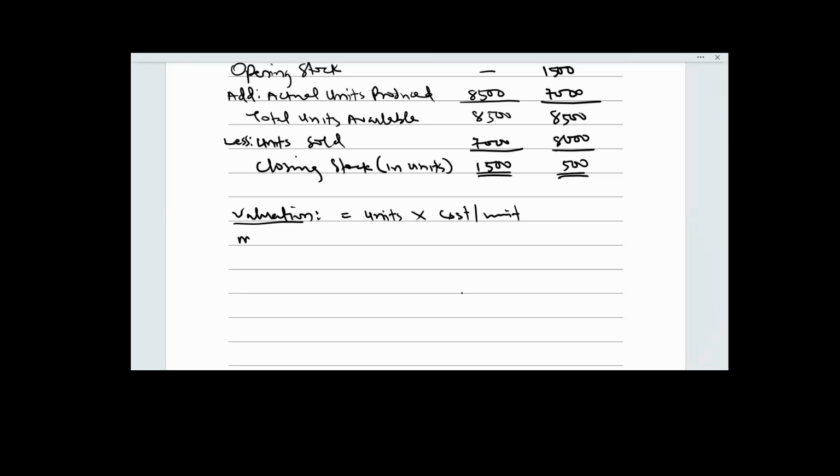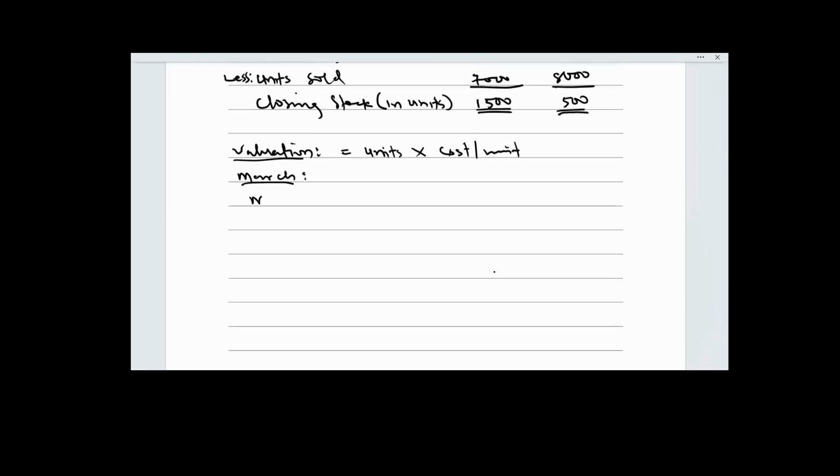So for the period ending March, under marginal costing technique, our closing stock will be 1,500 units multiplied by, remember, we said that using marginal costing technique, opening and closing stocks are valued at total variable cost per unit. So what is the total variable cost per unit? 49 naira. So our figures are in thousands.